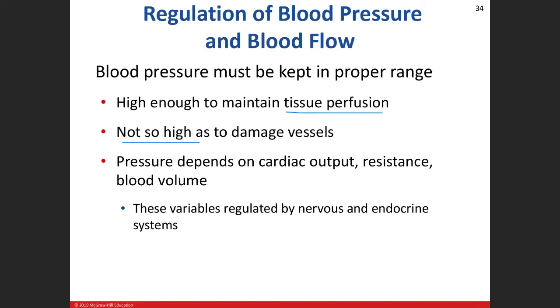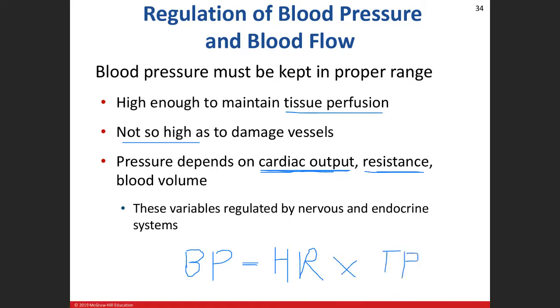So when we talk about blood pressure, there it is again: cardiac output affects your blood pressure. Also resistance. Remember the equation, which you do not have to know but which is helpful: heart rate times total peripheral resistance.